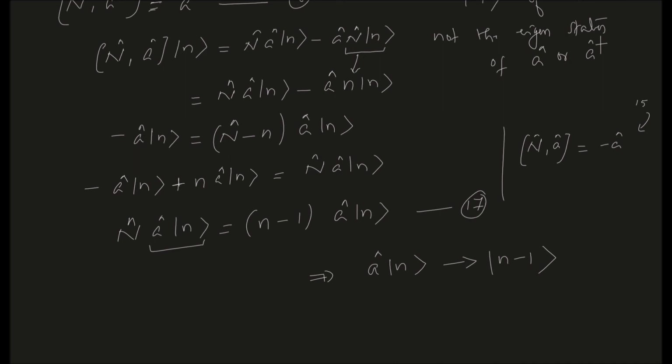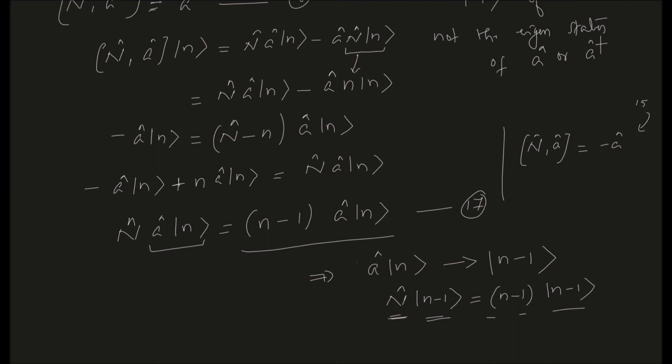Why is it so? Because if this is the case, then if you apply this number operator on this state, you will get the eigenvalue of that operator, n minus 1, because these eigenkets |n> are the eigenkets of this number operator, so that will give you the corresponding eigenvalue times the same state. So this is exactly what we have here in equation 17, (n minus 1) times a|n>.